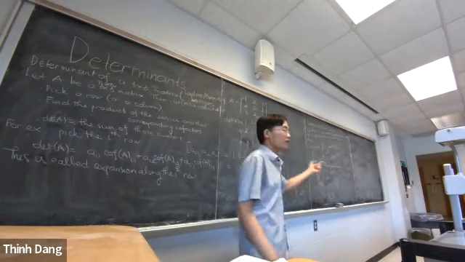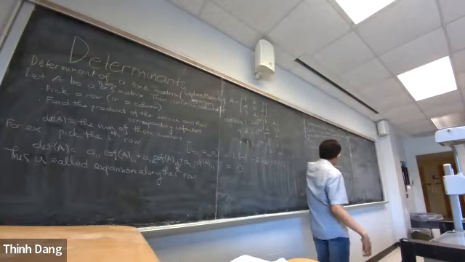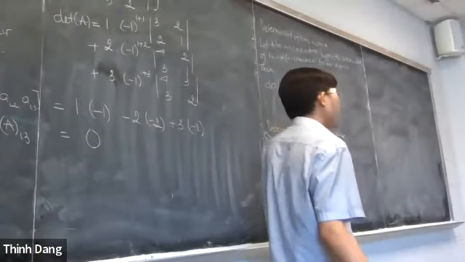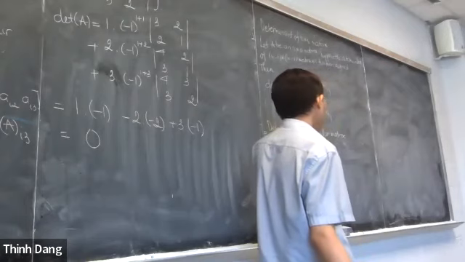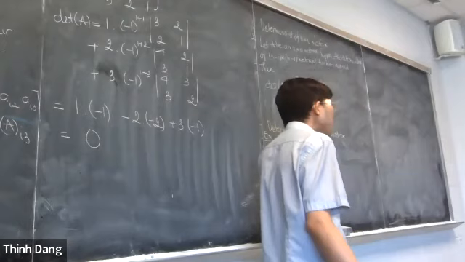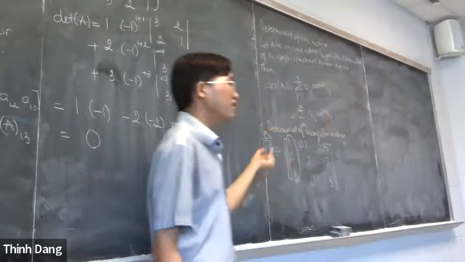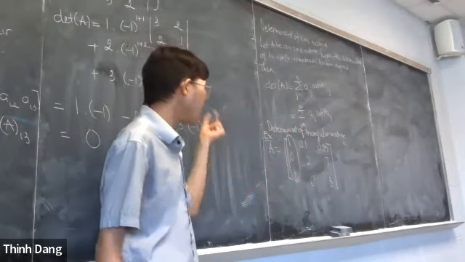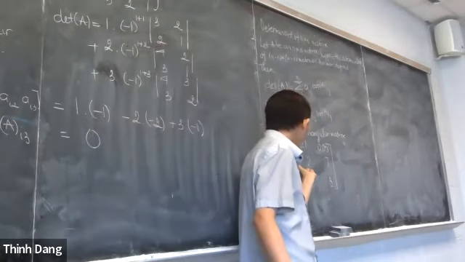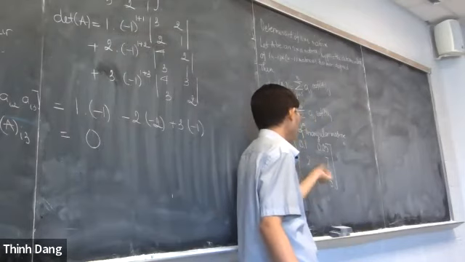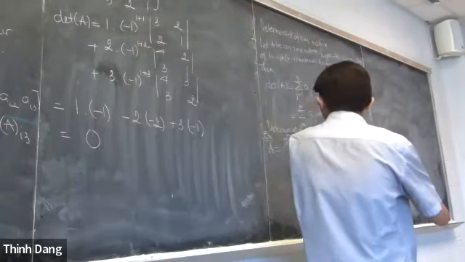Because in the first column, only the first entry is a non-zero entry. All the other entries are 0. And when you multiply a 0 entry with its cofactor, it is still 0. When you multiply 0 with any number, the result would be 0. So we don't need to care about the cofactors of those entries anymore.